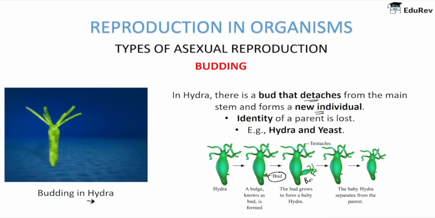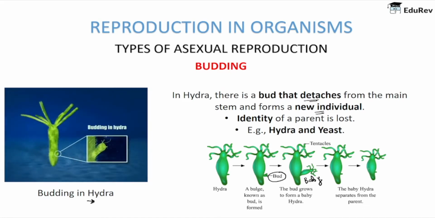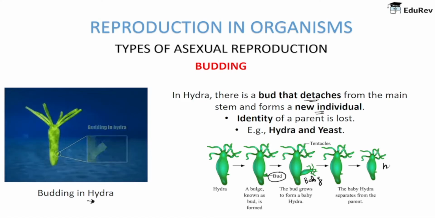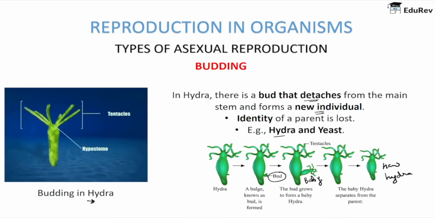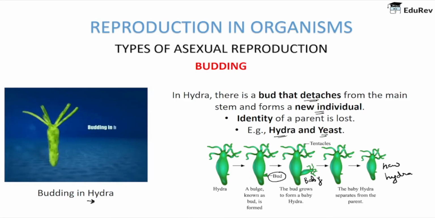In the next step, you can easily see that this baby hydra is being separated from the main stem. It then separates and forms a whole new individual, a whole new hydra. So the example in the case of budding is very clear. It is generally seen in hydra and yeast.